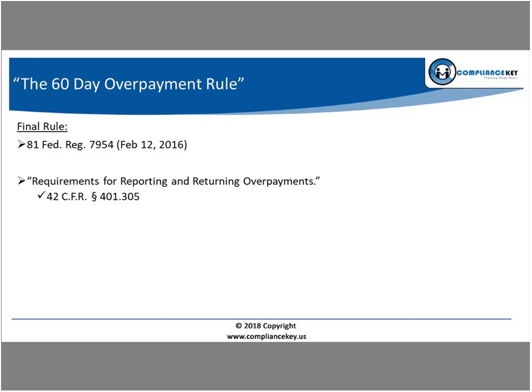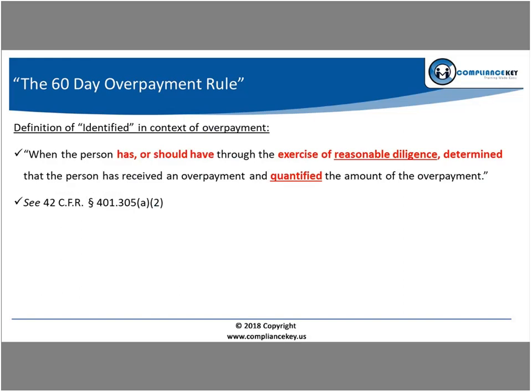So that's something to keep in mind, is what we're focusing on here are just the ones that you have internally self-identified and made the decision to report and return the overpayments. So let's walk through the nuts and bolts of the 60-day overpayment rule.